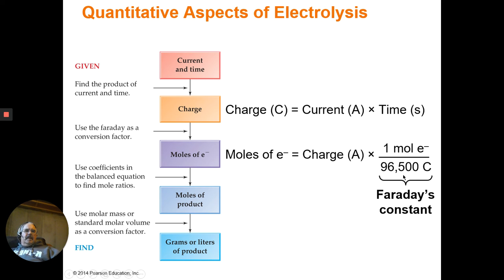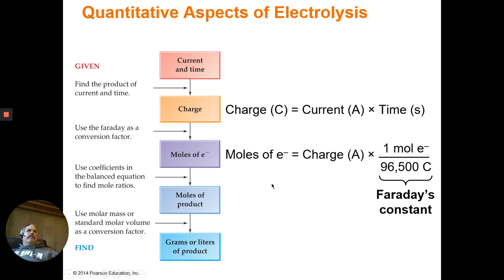Okay, once we have the charge, we can figure out how many moles of electrons that is from Faraday's constant. So if we are given, for example, current and time, we can find the product of current and time, which is charge. We could use the Faraday as a conversion factor to find moles of electrons. And then we have to be mindful of the coefficients in the balanced equation.